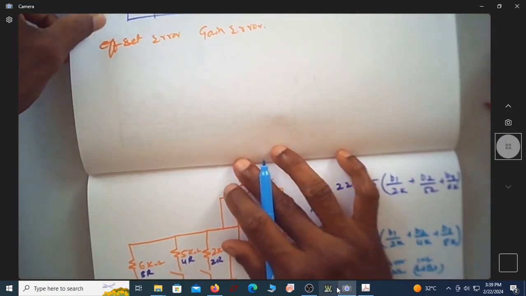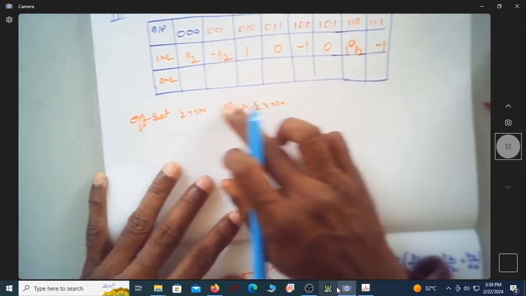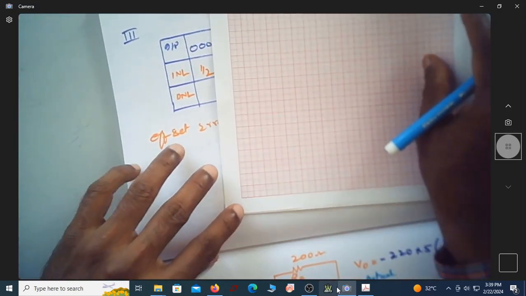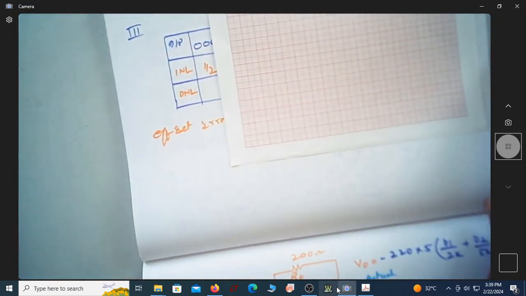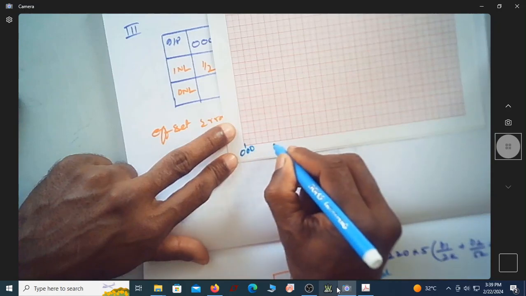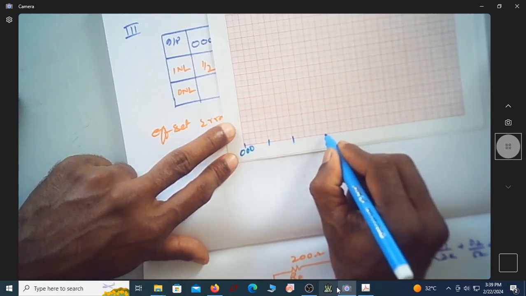Okay, fine. So let us find out for this. So let me just plot it. So it just requires, so this is 000 and this is, let me mark the points.